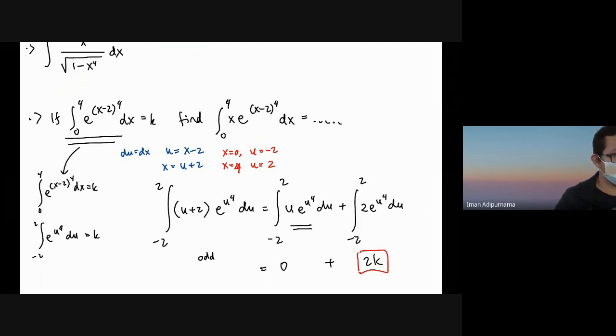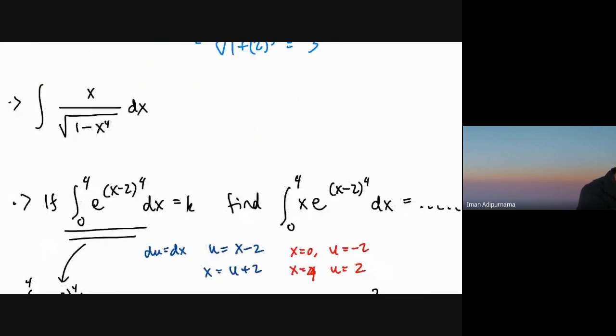I'll leave the second question for you to check, but let me give you just a quick idea. So u will be x squared, so du is 2x dx, so dx is 1 over 2x du.